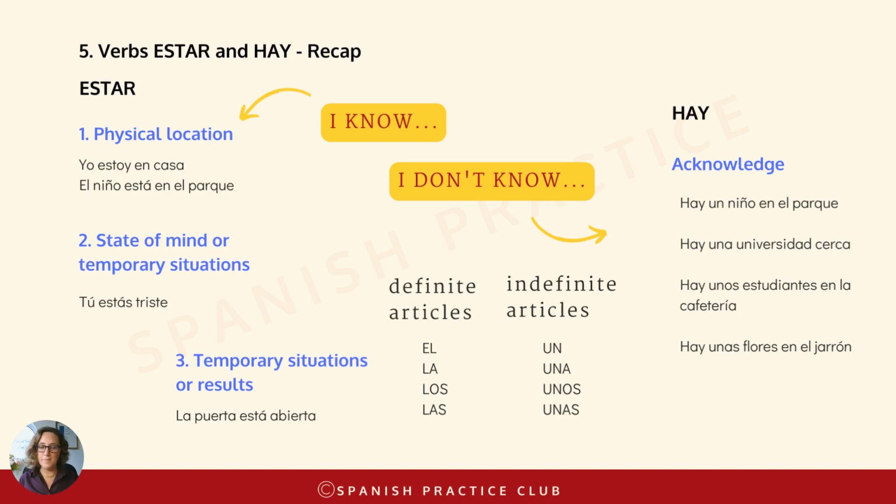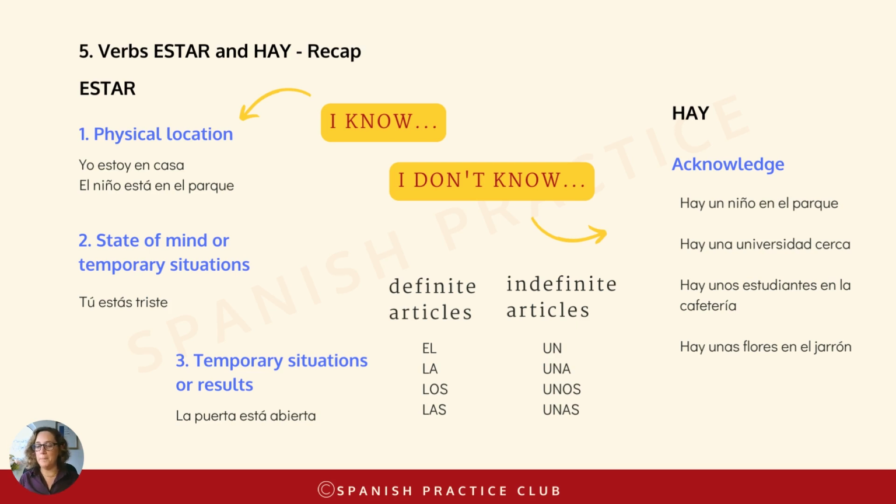And on the right-hand side, we've got the verb hay, which is to acknowledge. Notice the labels in blue. Those are your uses and how you differentiate those two verbs. I just use the verb hay to acknowledge something or someone. And in this case, you would need to use the indefinite articles.